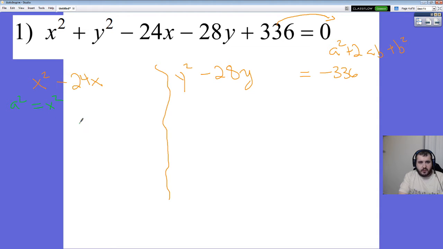Because we want to find out what a is so that we can propagate the rest of our diagram, we square root both sides, and so a is the same as x. That's pretty simple. But what it also means is that this negative 24x is the same thing as our 2ab. And we already know that a is x, so we can just plug that in.